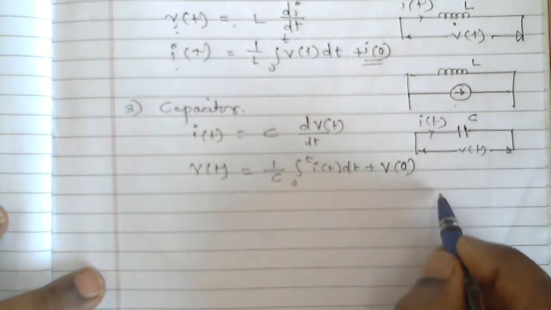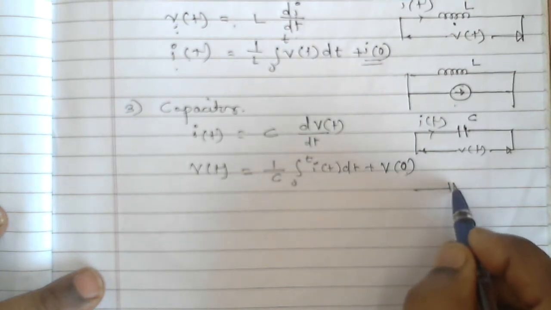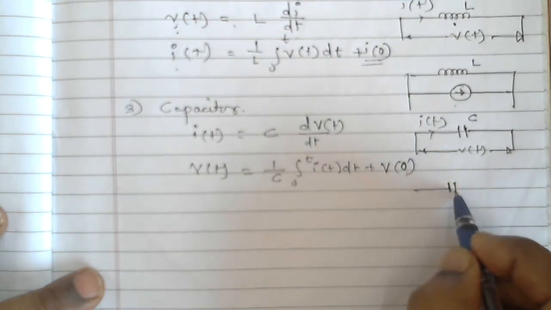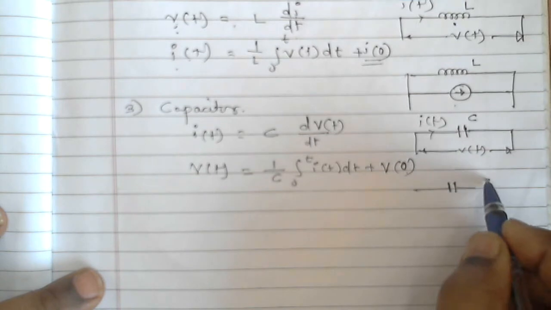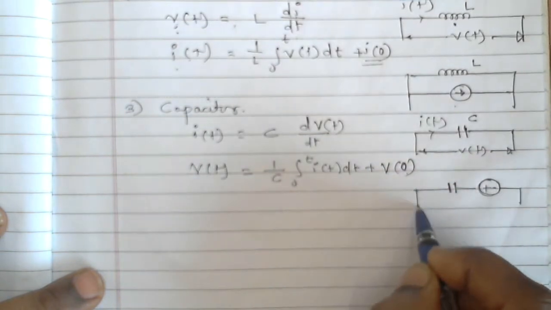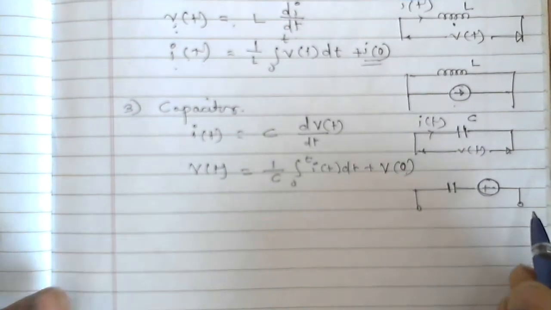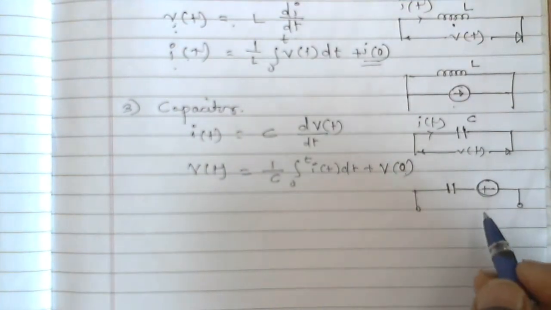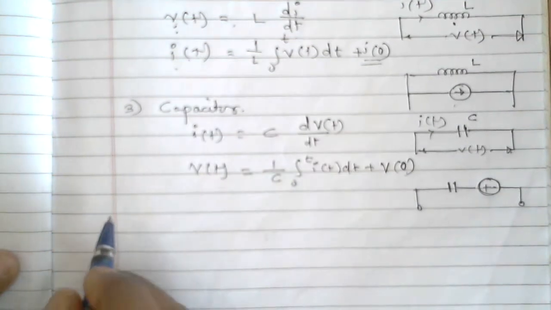For the circuit I can draw it like this. See, this is the capacitor, and I should draw the initial voltage in series with it. So these are the network equations for resistance, capacitor, and inductor.